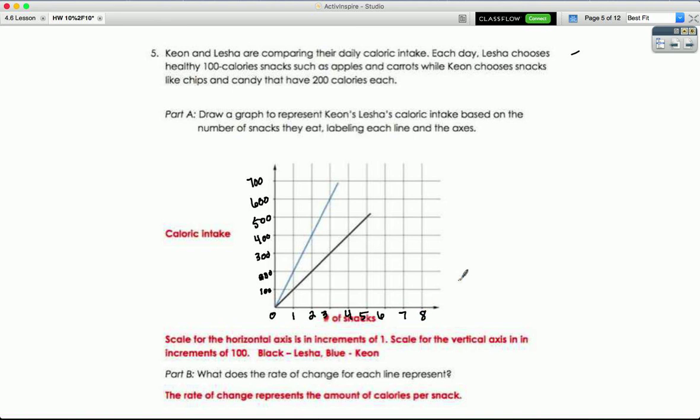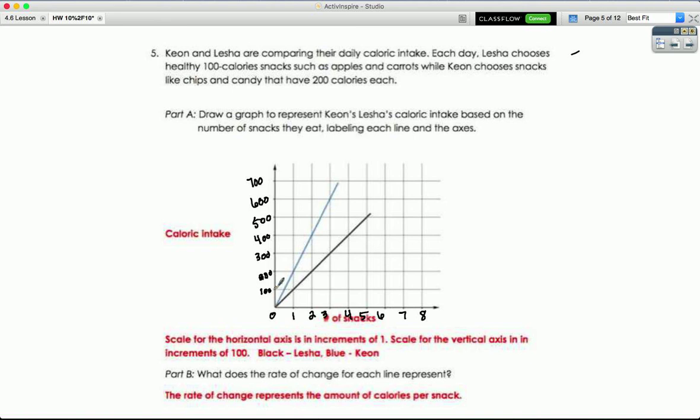I see that Leisha had only 100 calories per snack, and then Keon had 200 calories per snack. So to represent Leisha, who had a healthier choice, for every one snack it's only going to give us a difference of 100 calories.